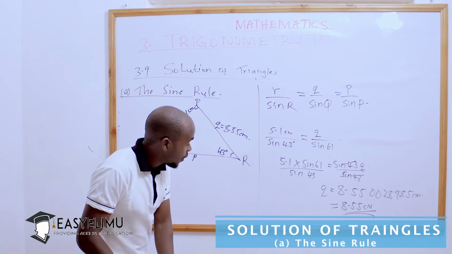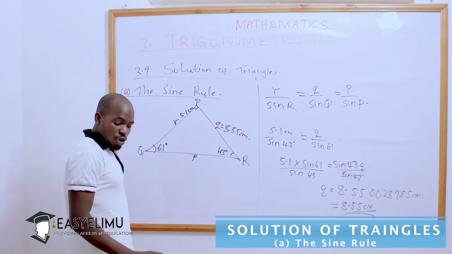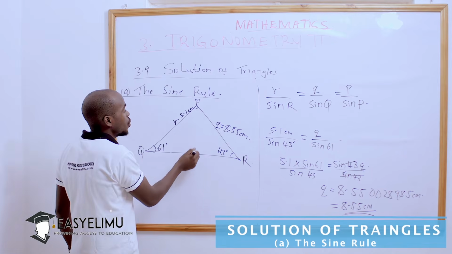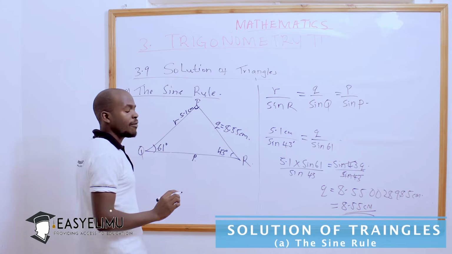Now we have been told also to find the side P. To find p, we need this angle, but we don't have it for now.